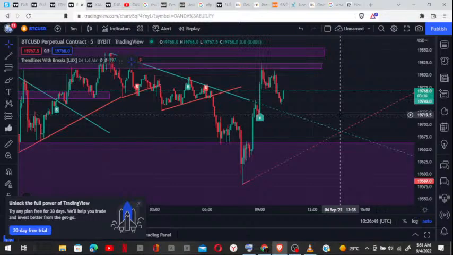That's why we always say indicators work, but not all the time. They don't work 100%. So you have to know when to get out of the market. That's why you need to use your stop losses, your take profits, support and resistance, and trend lines just to have an overview of what the market looks like.